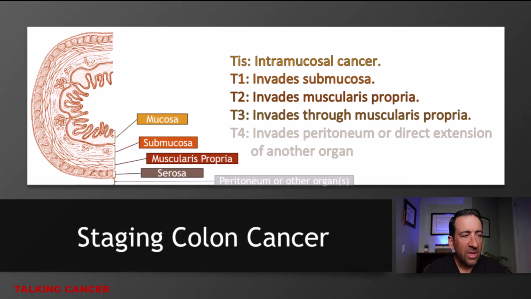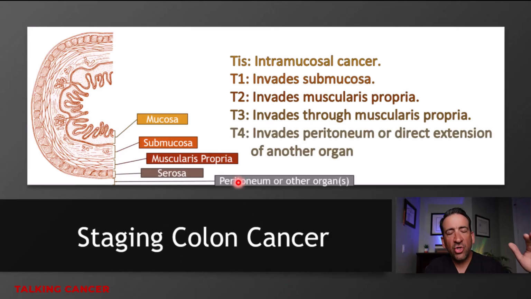And of course, if the tumor penetrates the whole wall of the colon and it goes into the peritoneum, which is our abdominal cavity, and or it's directly penetrating an organ that's right next to the colon, then it's a T4.